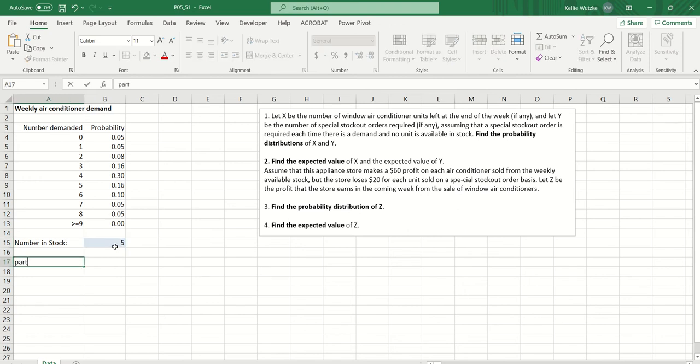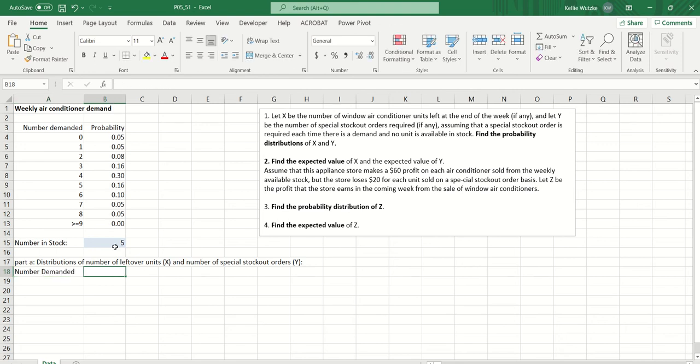So for part A, we want distributions of number of leftover units, which is X, and number of special stockout orders, which is Y. Okay, so let's make a table.